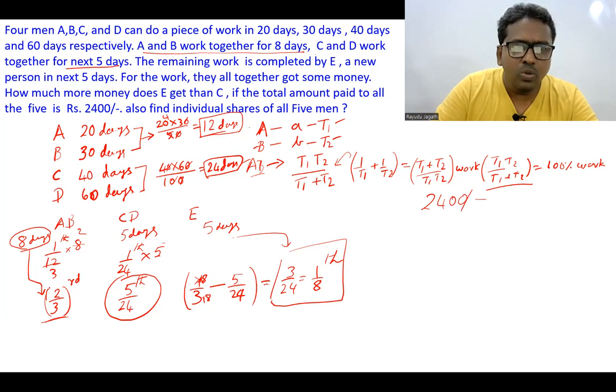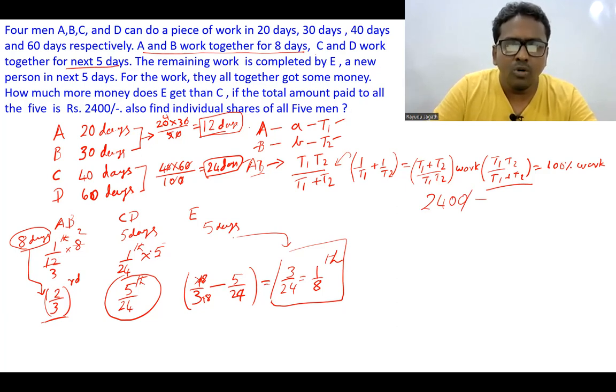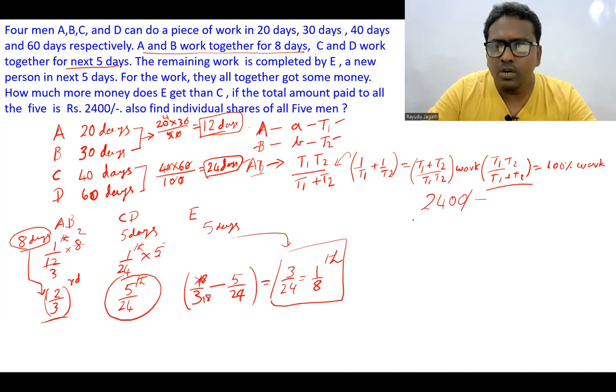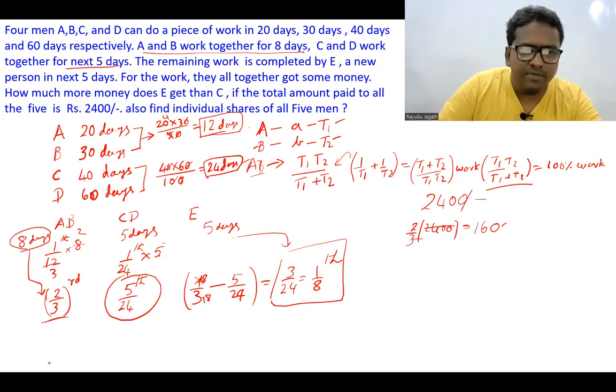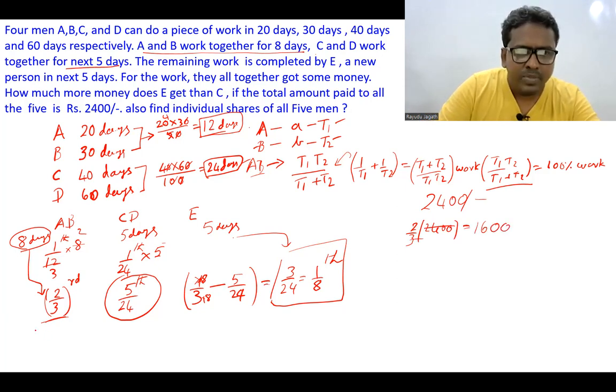As AB did 2 by 3 work, 2 by 3 of the total wages should be given to AB. So 2 by 3 of 2400 is 1600 rupees, given for both A and B.